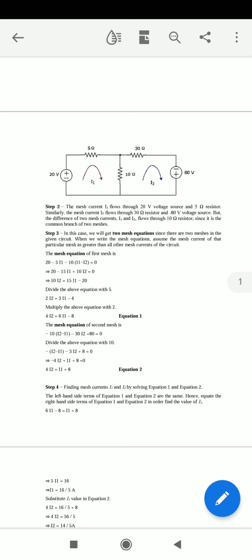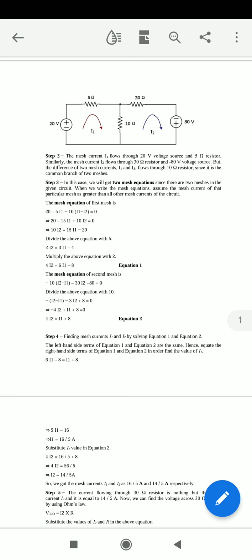In this format, 20 minus 5 I1 minus 10 into (I1 minus I2) in the 10 ohm resistor. Why do we write I1 minus I2? For the first mesh, the I1 current is dominant over I2, so we write I1 minus I2.